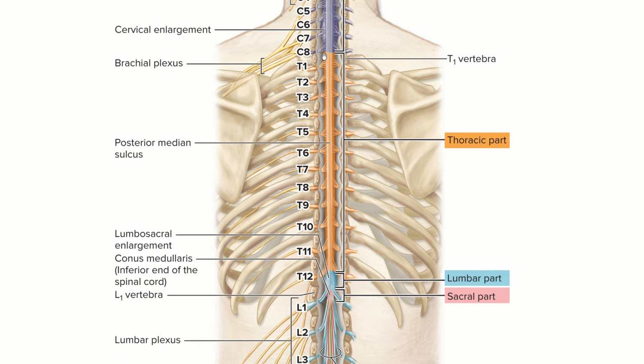Once we're in the thoracic part, all of the pairs of spinal nerves are corresponding to their appropriate vertebrae. So here we see the T1 vertebra, and the T1 pair of nerves exits inferiorly of that. And so therefore, the numbers of nerves corresponds to the number of vertebrae.